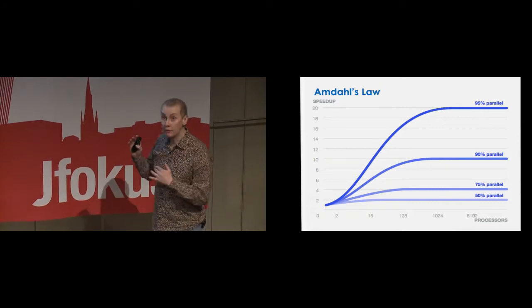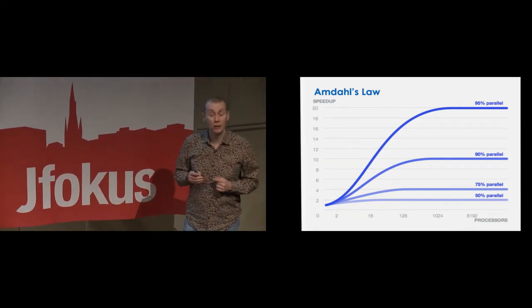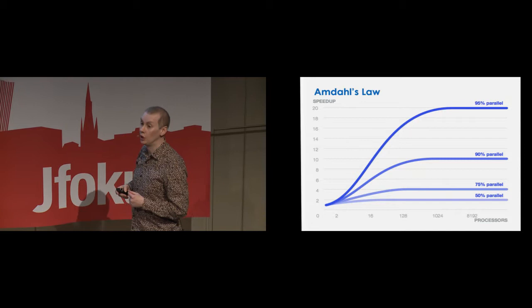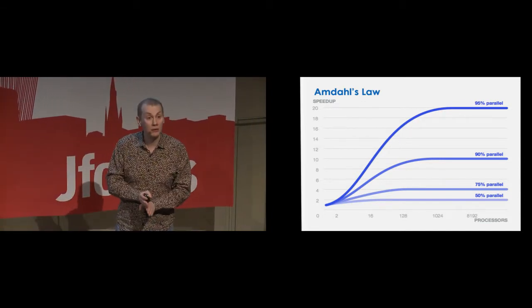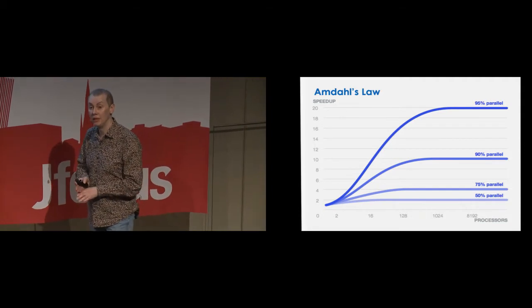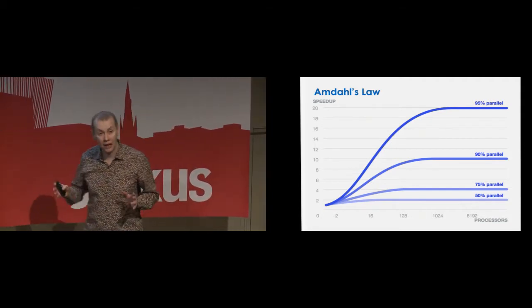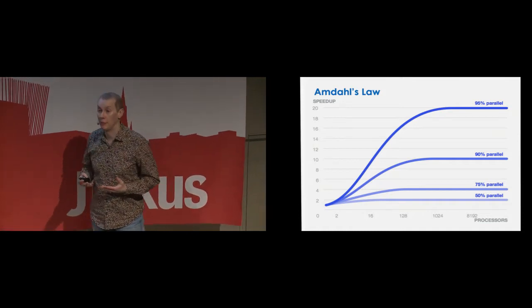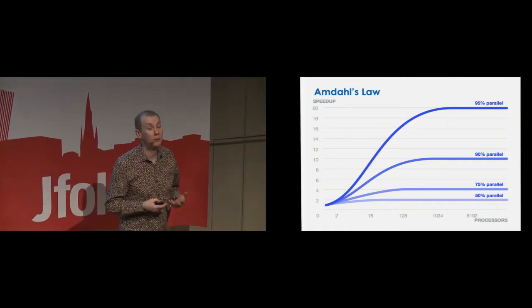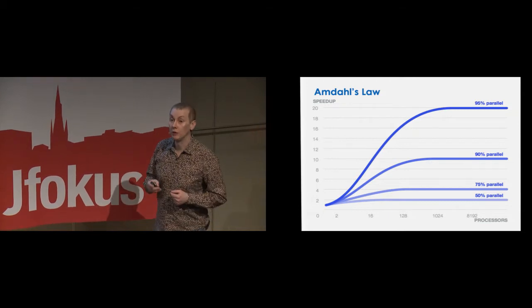If half of something can be parallel, you can never get greater than a 2x speed up, because you can infinitely cut down 50% of it to the point where it becomes insignificant, but the other 50% still has to be done in a sequential fashion. You cannot get that speed up. So that was a really good argument to say why we need to be careful about going parallel.